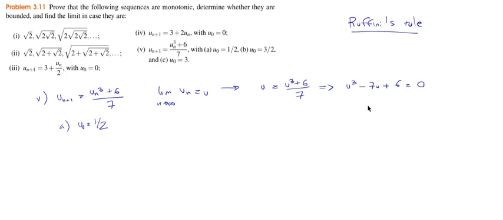In order to work with Ruffini's rule, we write the coefficients of the polynomial, and then we try different roots. We know that the roots, if they're integer, and I can assure you they're going to be integer, because otherwise it's going to be hell to get them, have to be divisors of 6.